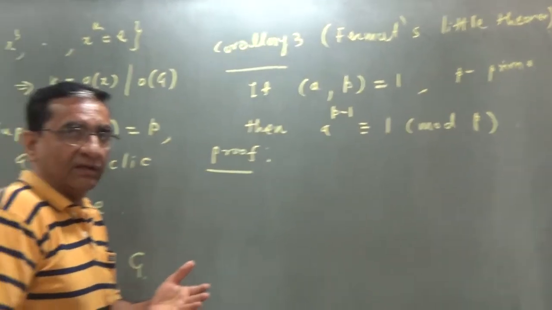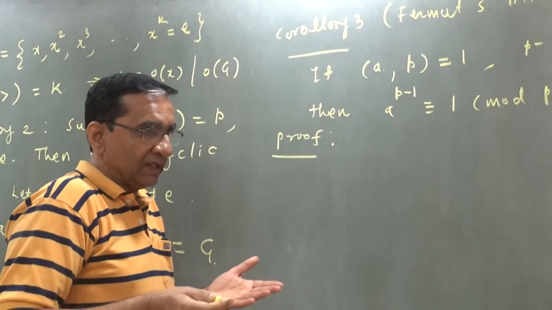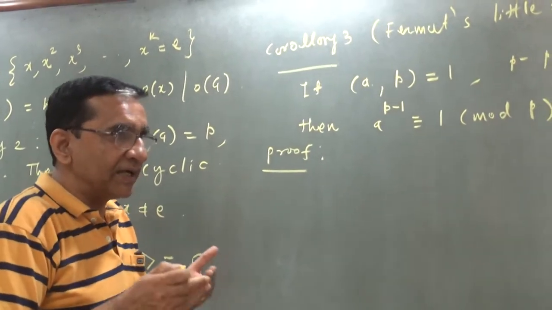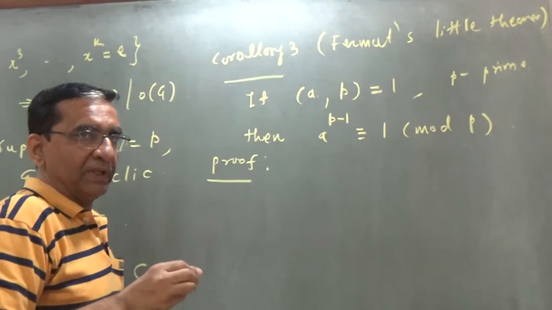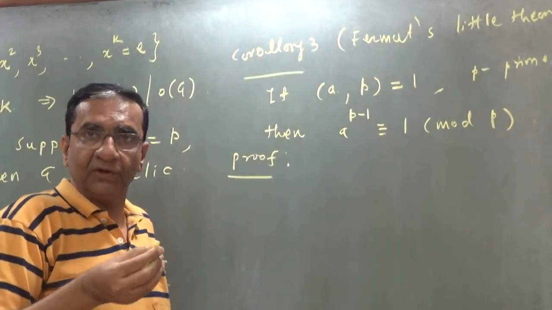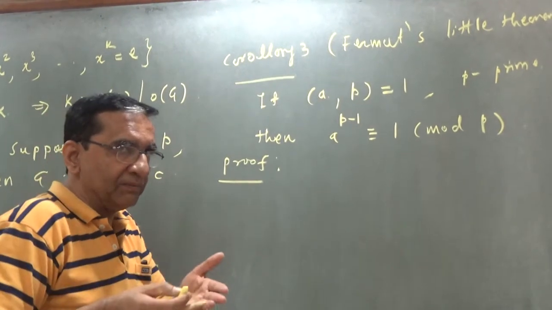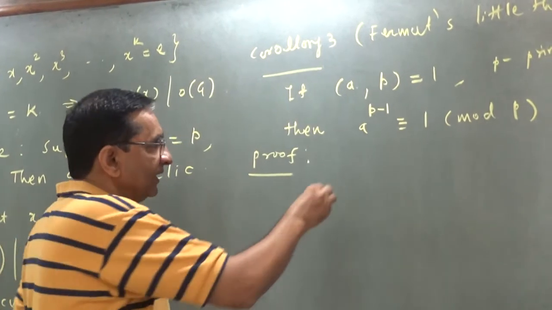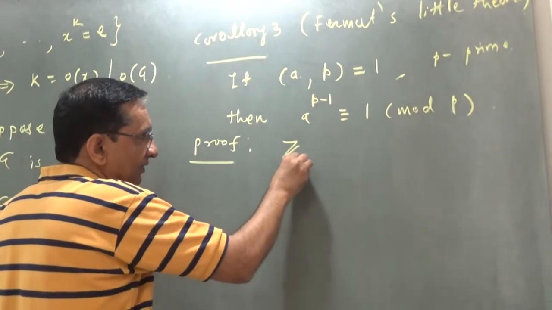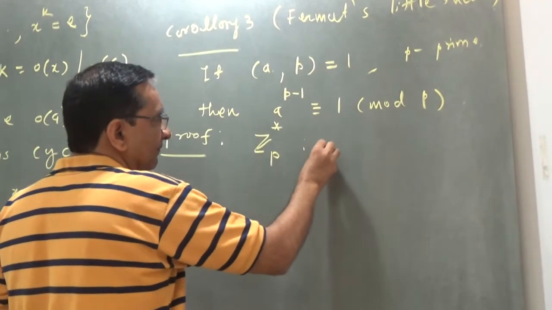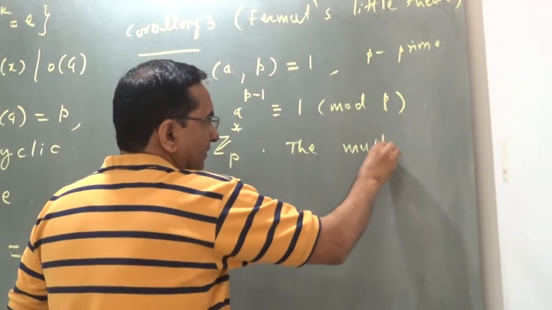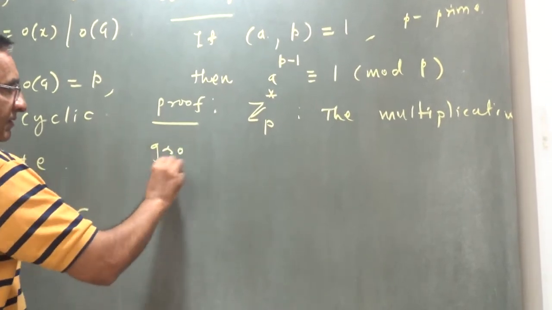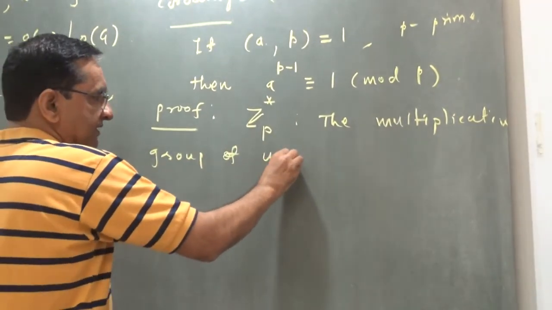So you must have seen the groups of integers modulo n and the multiplicative group of units of Zn. In particular, if I take Zp and the units in Zp, that is elements in Zp which have a multiplicative inverse, but then P is a prime, so any number between 1 and P minus 1 is co-prime with P. Therefore, let me denote this as Zp star, the multiplicative group of units in Zp.